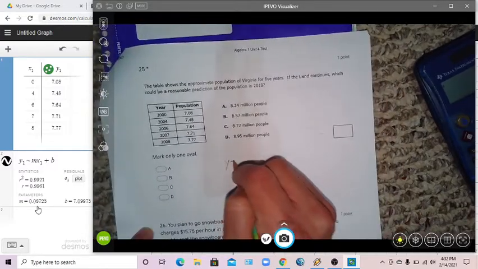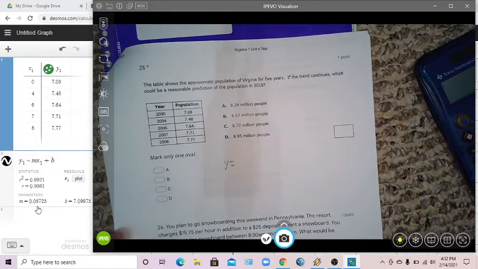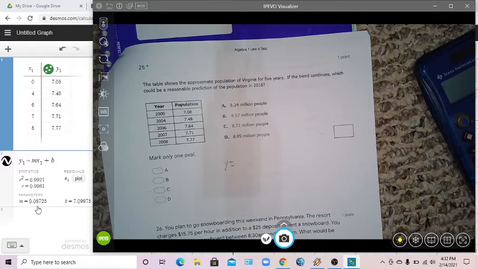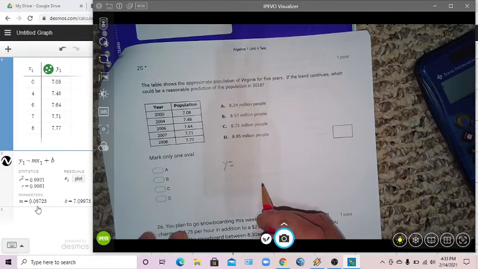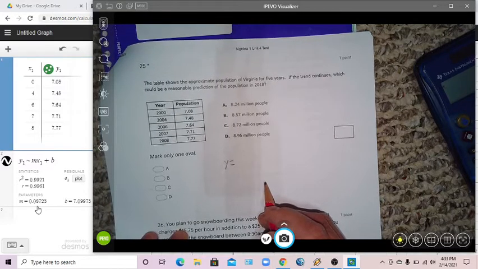Let's just round it to 2 and see if the number comes up for 2018. If not, then we'll do 3 decimal places, okay?